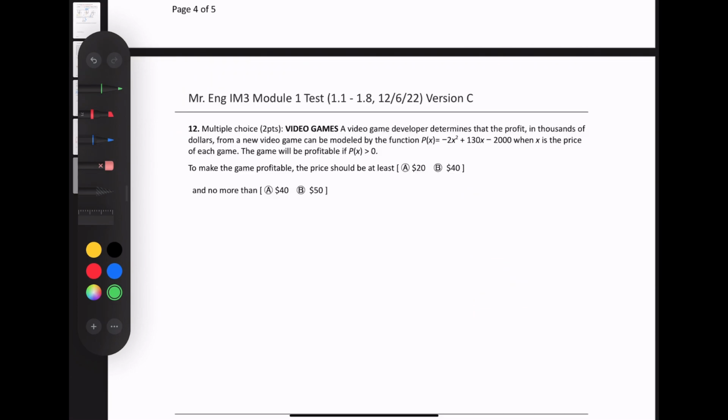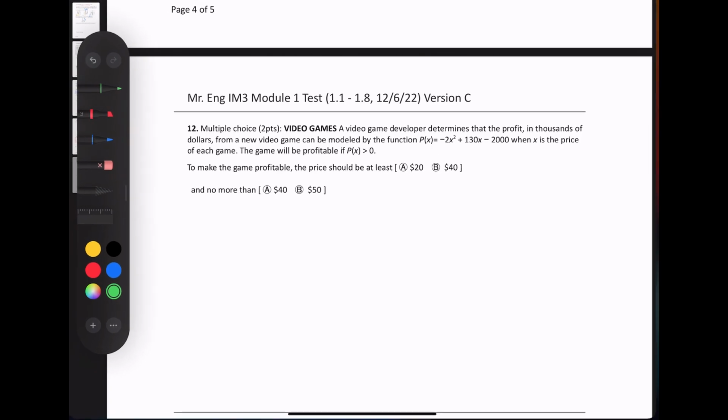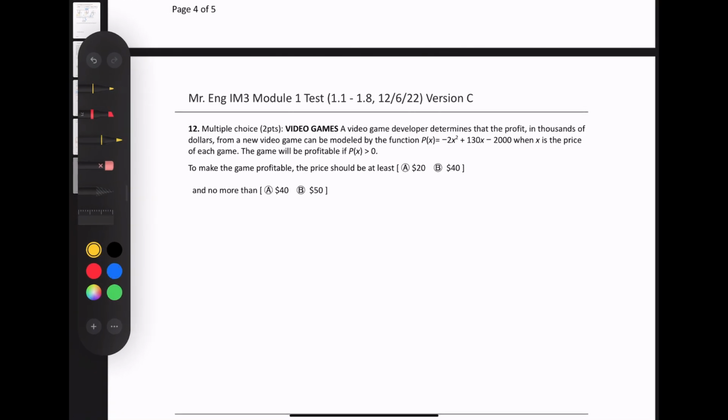All right, a video game developer determines that the profit in thousands of dollars for a new video game can be modeled by the function where x is the price of the game, and the game will be profitable if p of x is greater than 0. So let's just make a quick sketch and help us understand what's happening. Negative 2,000.